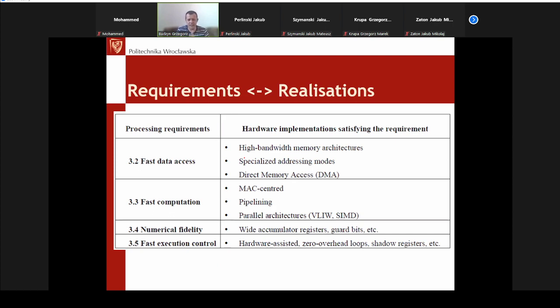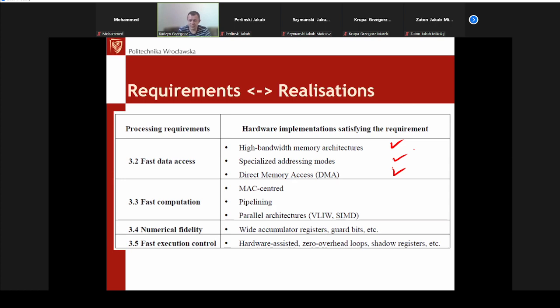So summing up, the fast data access is done by high bandwidth memory architectures, usually two separate buses. We've got direct memory access. What was not visible on the previous slide, and which is pretty often available, are specialized addressing modes.